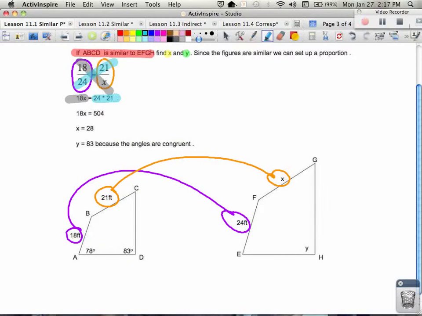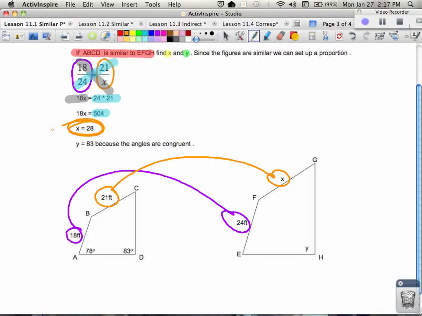When I multiply 24 by 21, I get 504, and then I divide both sides by 18, and I find that my x turns out to be 28. So in the end, 28 is the answer for my x.